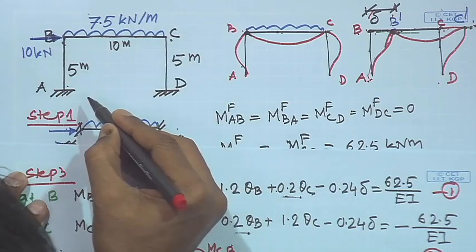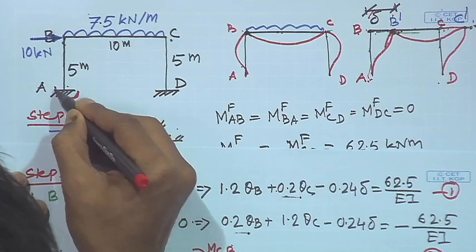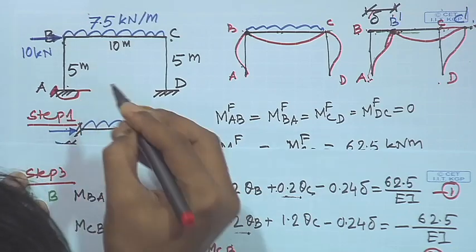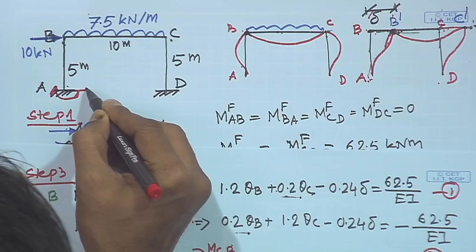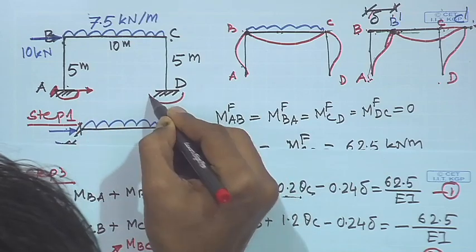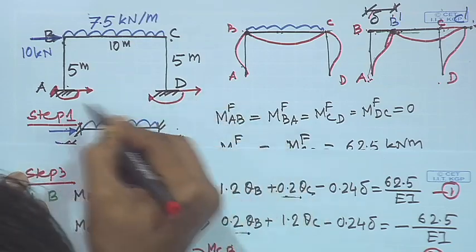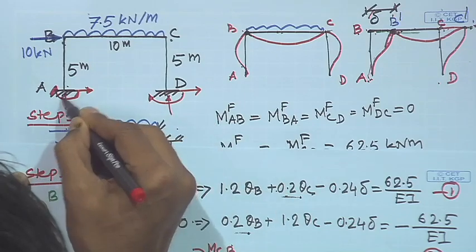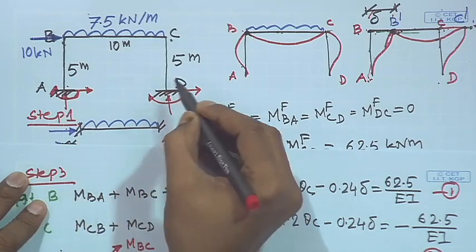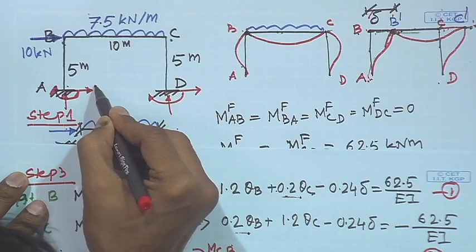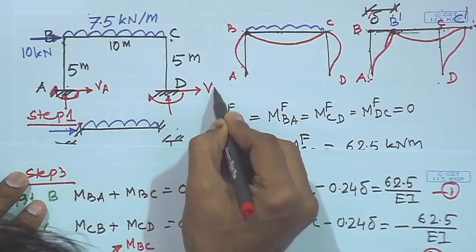Then what are the forces we have? This will be a force like this, and then a reaction here, and similarly a moment and a reaction here, and then a reaction here, right. So this is VA, this is VD.